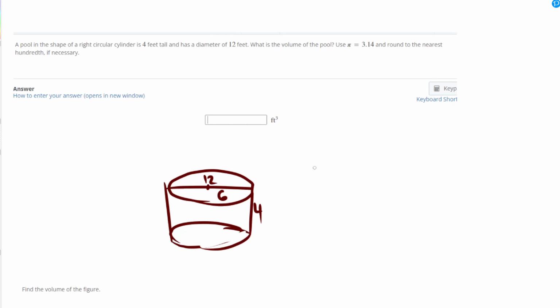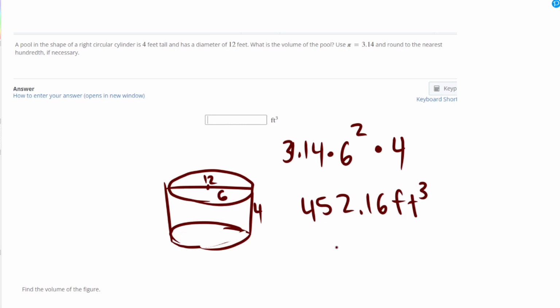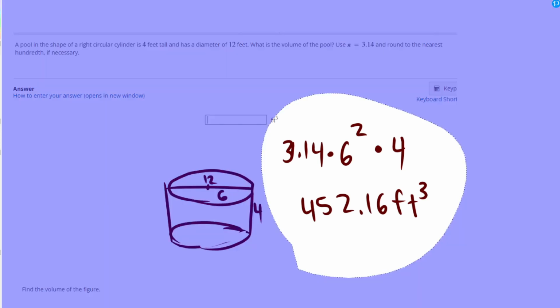And then to find volume, it's going to be our pi, so 3.14 times 6, which is our radius, squared, times 4, which is our height. Okay, so that should give us 452.16 feet cubed.